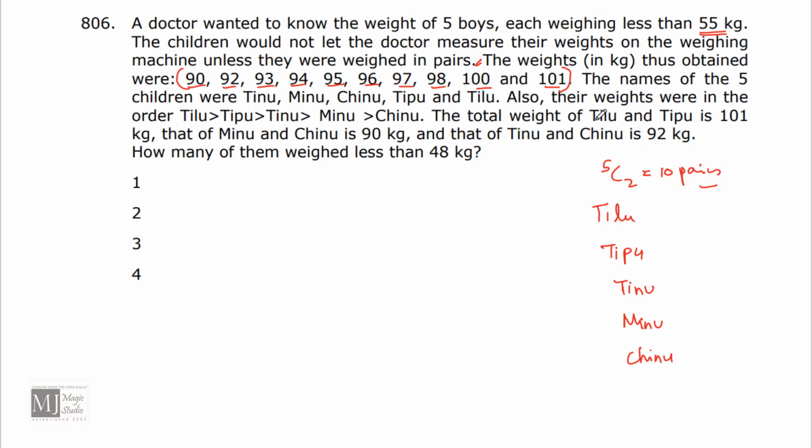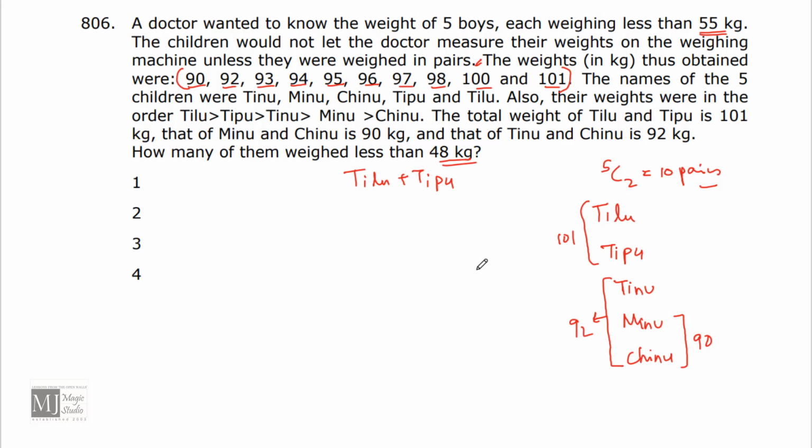The total weight of Tilu plus Tipu, that means the top 2, is 101. Minu and Chinu is 90, and Tinu and Chinu is 92. How many of them weighed less than 48 kg?